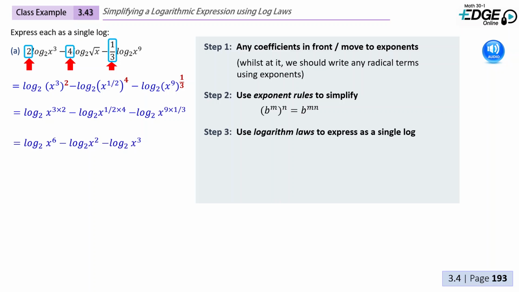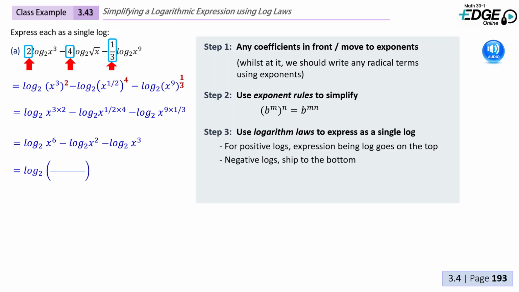Now at this point, we're ready to combine into a single logarithm. So we have the same base for all of them, and we just need to take note of the terms that are positive and the terms that are negative, because our positive terms will go in the numerator and our negative terms will go in the denominator.